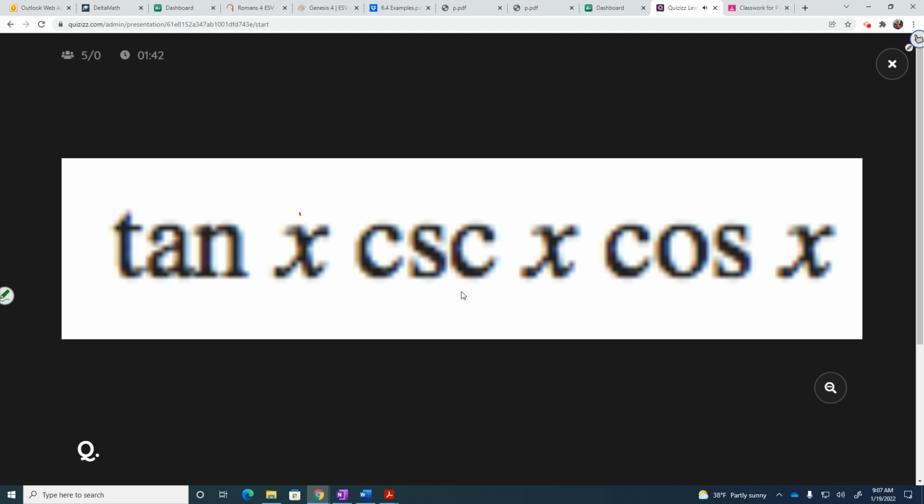Just cancellation, see what we got left. Should look something like that, right? Sine over cosine, 1 over sine. These cancel. And then when you multiply together, these actually cancel too.